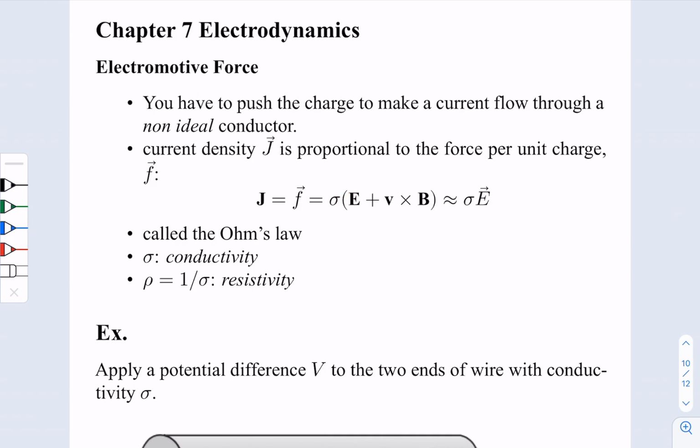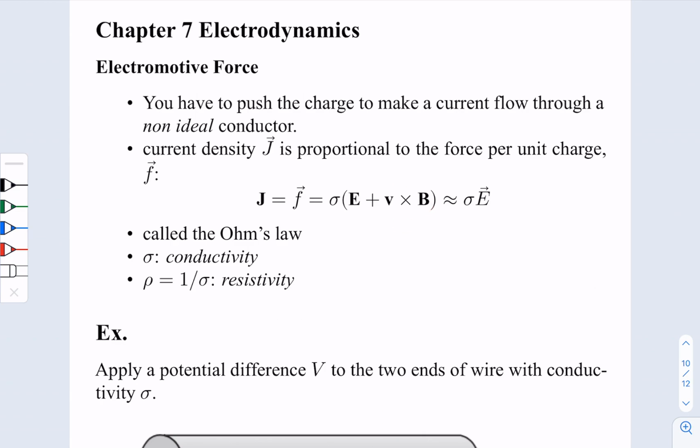Imagine that when you push charge to make a current flow, you have to supply some kind of force, and the current is proportional to this force per unit charge. However, this force is the Lorentz force. It should be written down as E plus v cross B, right?